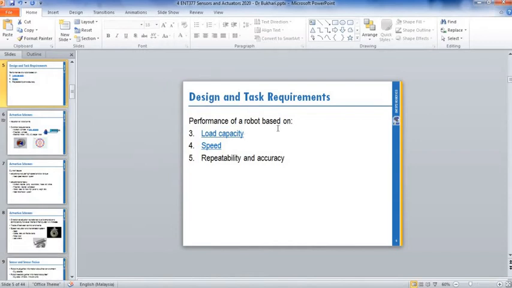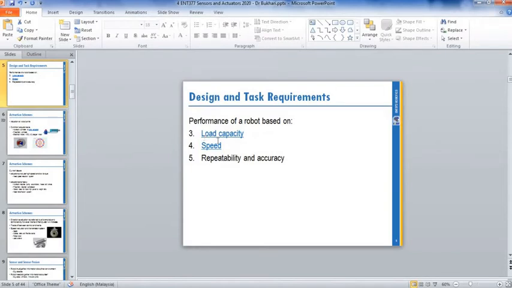Okay, performance of a robot is based on load capacity, speed, repeatability, and accuracy. So this is when we talk about performance. For a robot, what is the load capacity the robot can work with?